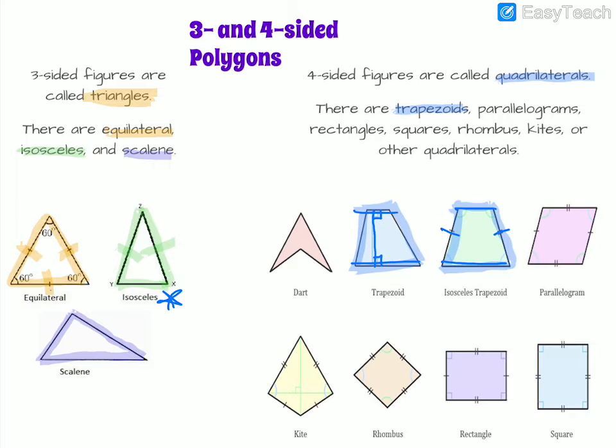The next one that we've got is parallelograms. Now, parallelograms can be a lot of different shapes. All it means is that the 2 groups of sides, the opposite sides, are both parallel. So this side is parallel to this side, and this side is parallel to this side.